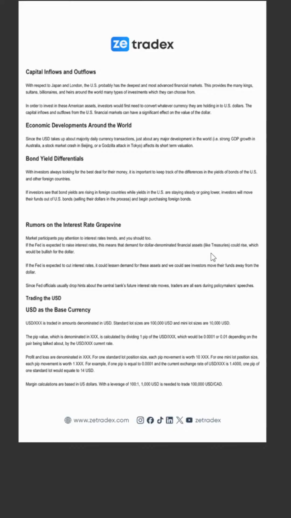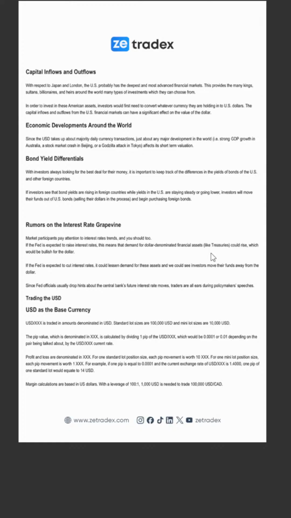We have standard lot sizes, which are about 100,000 USD, and mini lot sizes, which are about 10,000 USD. Then we have the pip value, which is denominated in the quote currency, and it's calculated by dividing 1 pip of the USD/CHF, which would be about 0.0001 or 0.01, depending on the pair being talked about.